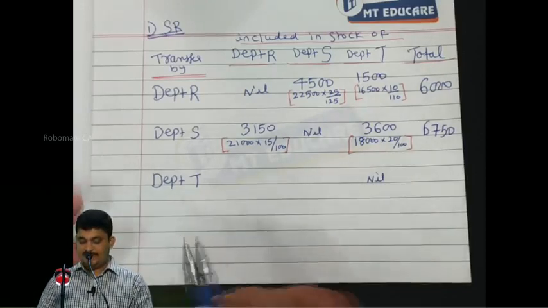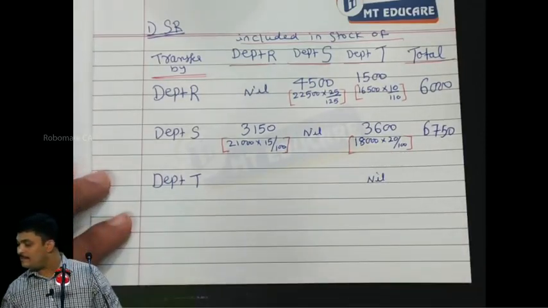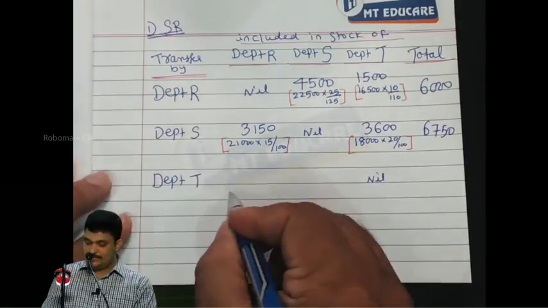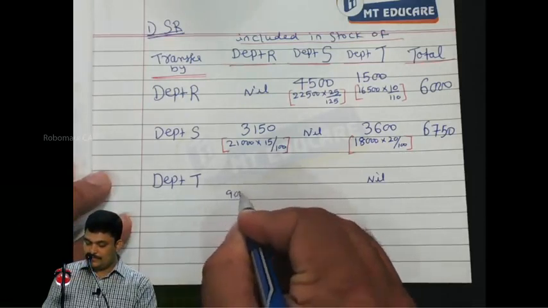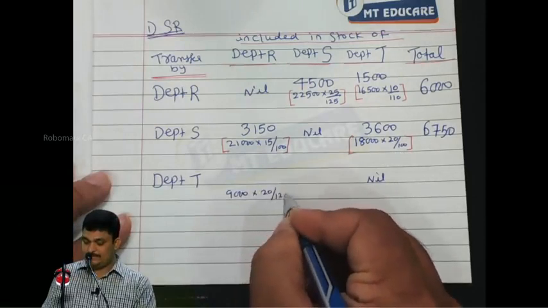Then T to R, 9,000. 20% on cost. 20 by 120.